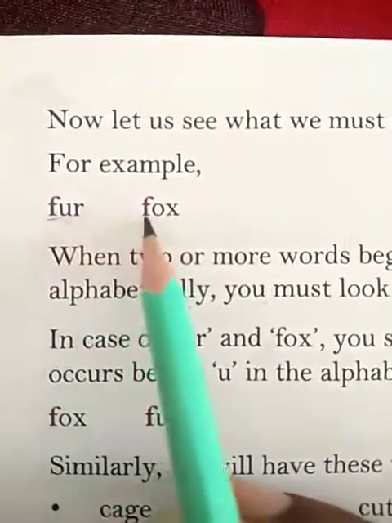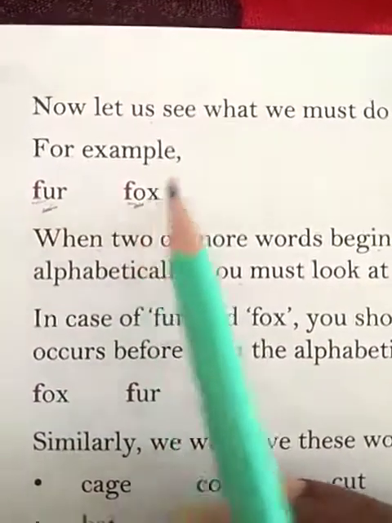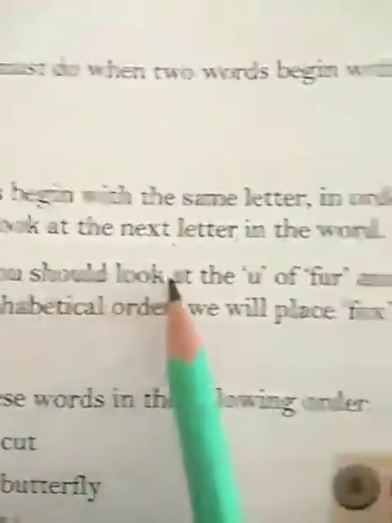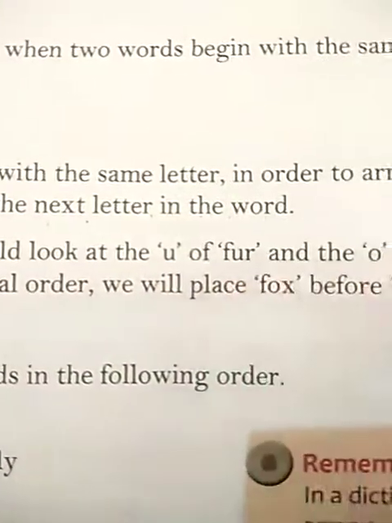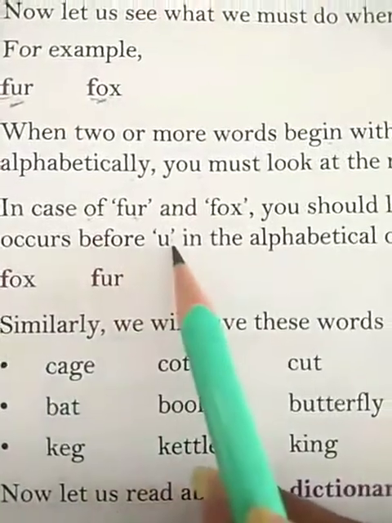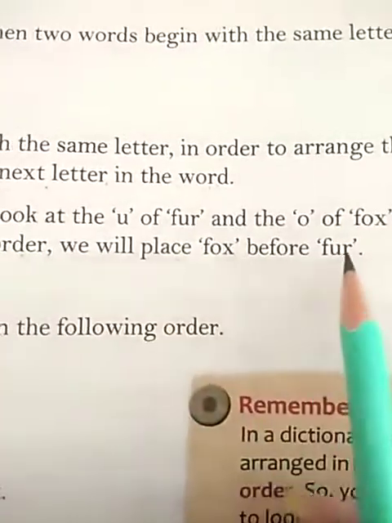So, in this case, we will not observe the first letter. We observe the second letter of each word. In case of fur and fox, you should look at the U of fur and the O of fox. Since O occurs before U in the alphabetical order, we will place fox before fur.